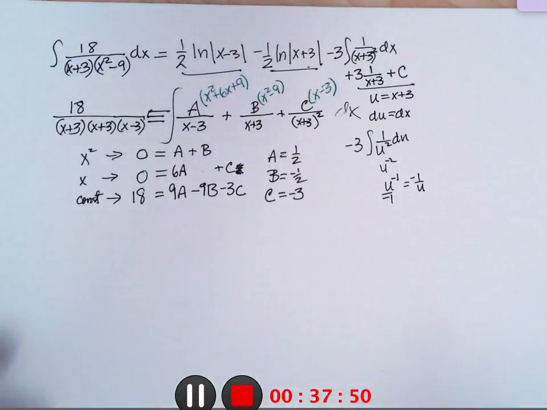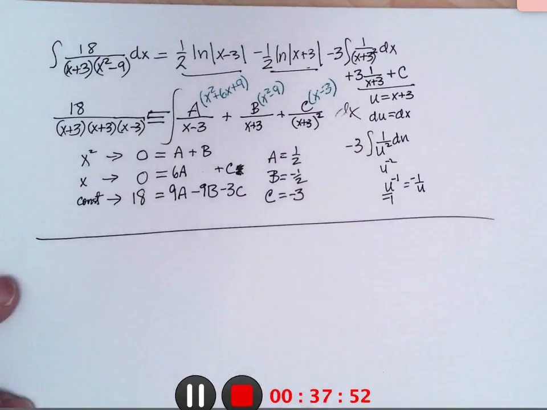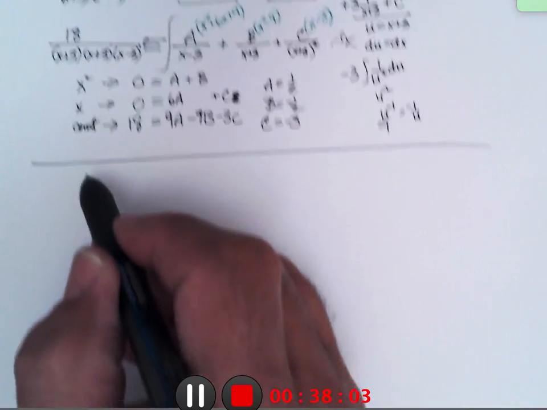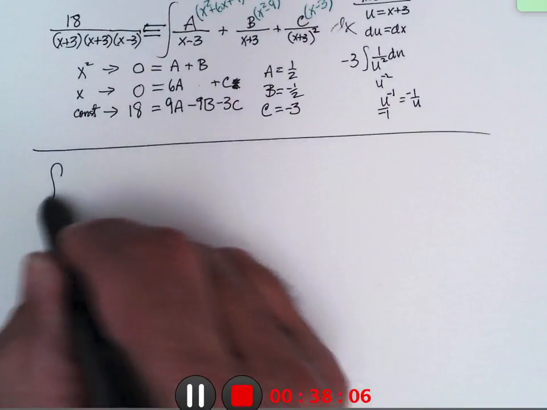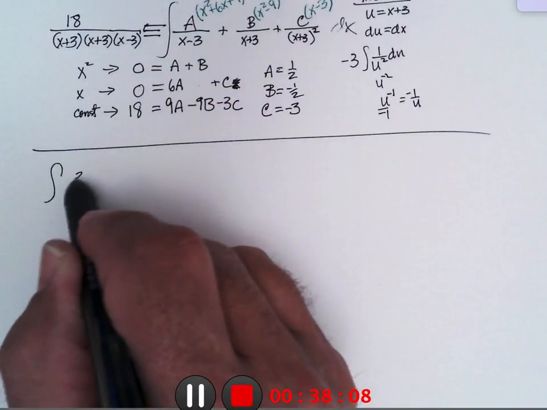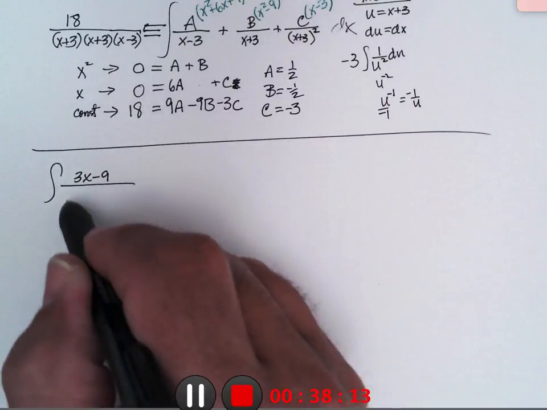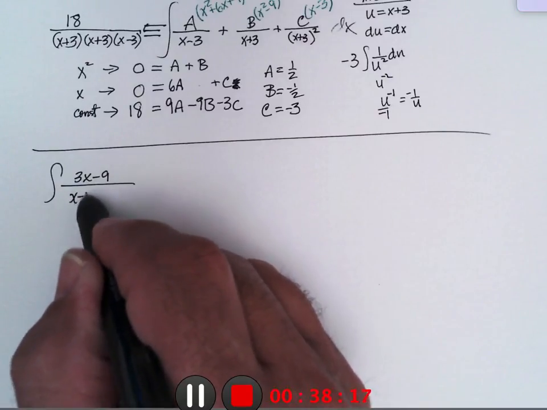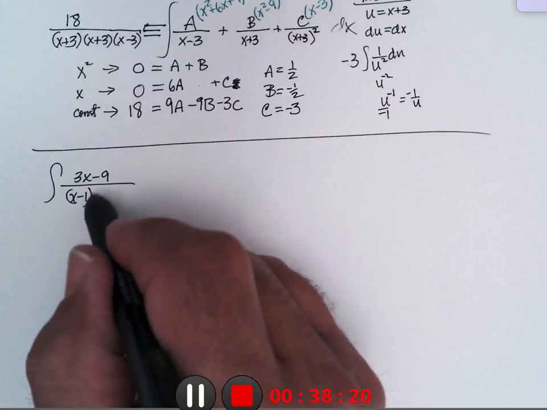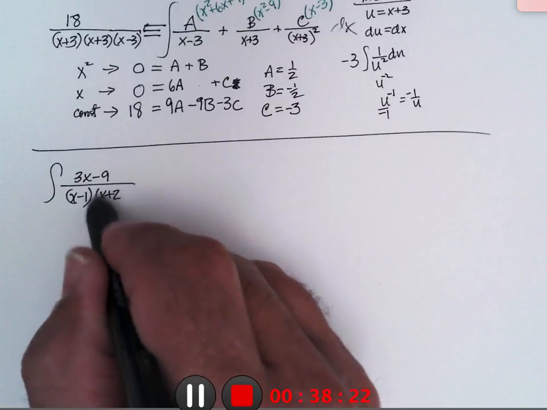Okay, and the next one that I want to do will be this one. I'm going to do the antiderivative of 3x minus 9 over x minus 1 and x plus 2 squared dx.